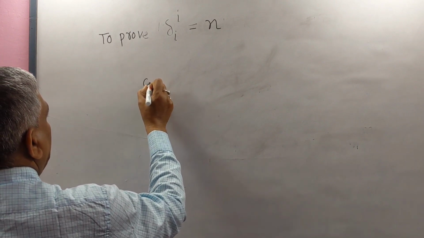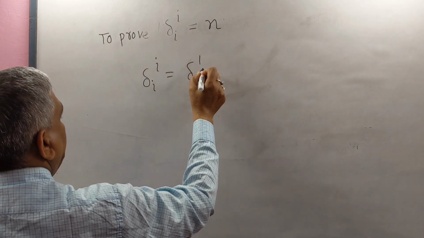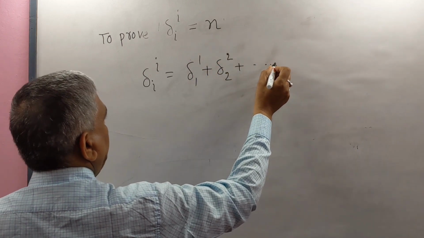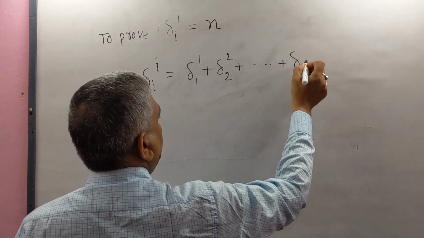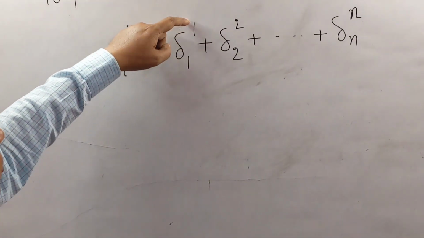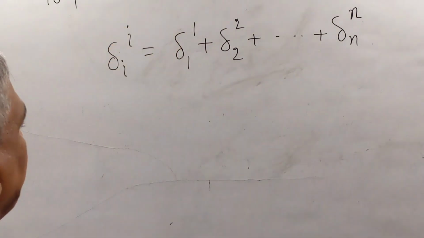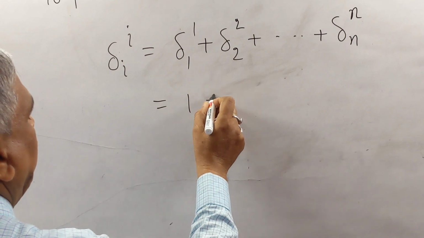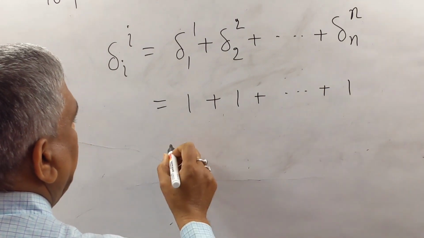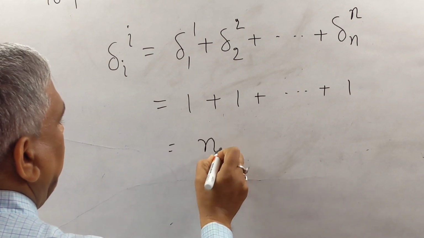Therefore, we may write delta i i equal to delta 1 1 plus delta 2 2 plus dot dot dot plus delta n n. Here we get i equal to j, that is i equal to 1, j equal to 1. That means its value is equal to 1. Similarly, this is 1 and this is 1. We get n numbers of 1. So this is equal to n.